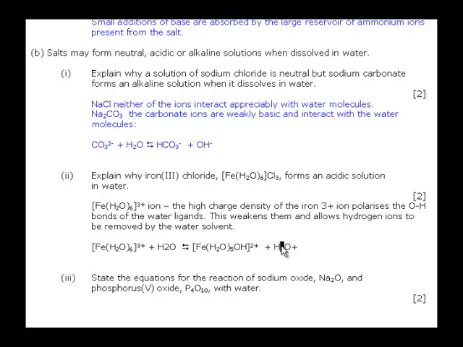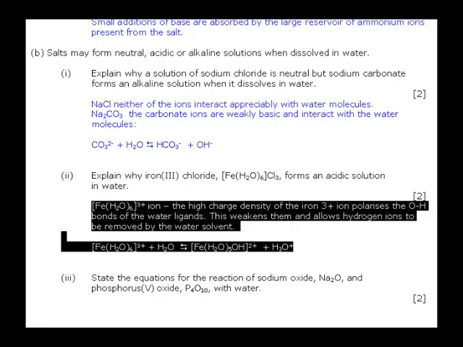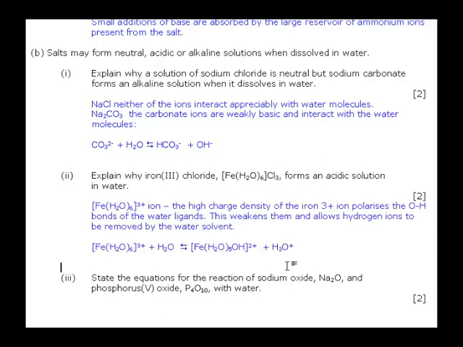So this is the protonated water molecule, hydroxonium ion, and this shows how the acidity is being created. And so it's due to the high charge density on the iron 3+ ion, which polarizes and weakens the bonds in the water ligands.